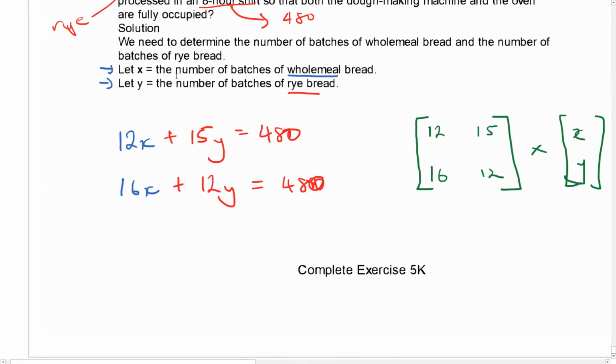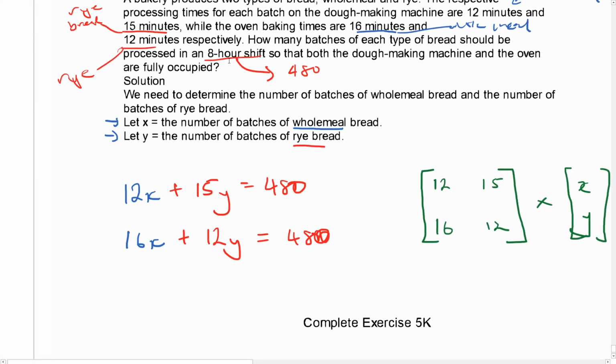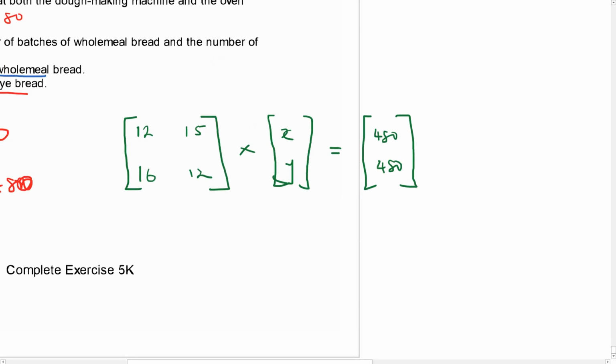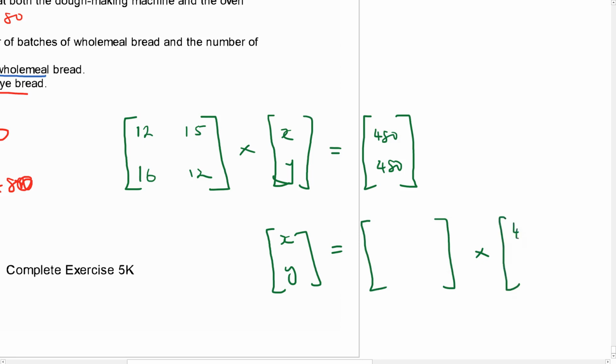We've gotten that 480 from the shift. The shift is 8 hours long, so we have to change it to 480. And it's the same process, yeah? Put this on the other side, inverse it, multiply it with that matrix there. So to get the x and y variable, get the inverse of that matrix, multiply it with the answer matrix.